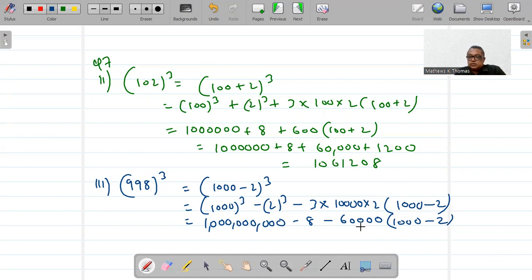I'm getting this. This is 60,000, right? And 60,000 has to be now multiplied with 1000 in the next step. So this will be 1 followed by 9 zeros, minus 8. Let me multiply this. So 4 zeros here and 3 zeros here. So that makes it 7 zeros, right?